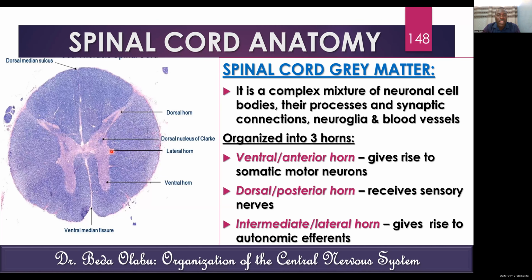Only those have the lateral horn. And the lateral horn is for autonomic efferent. It houses the cell bodies of preganglionic autonomic neurons. So that's the general structure of the spinal cord gray matter.